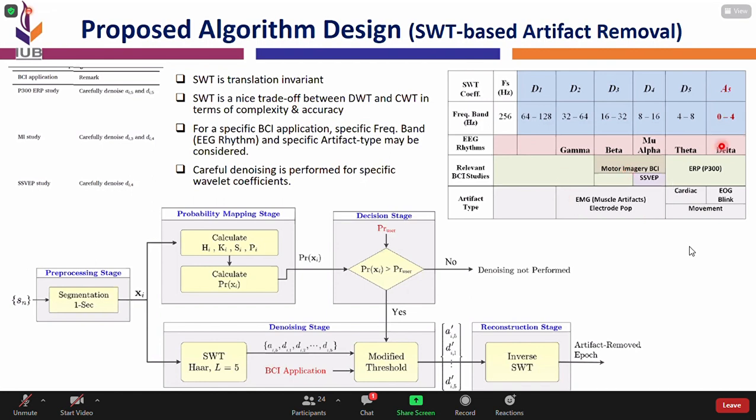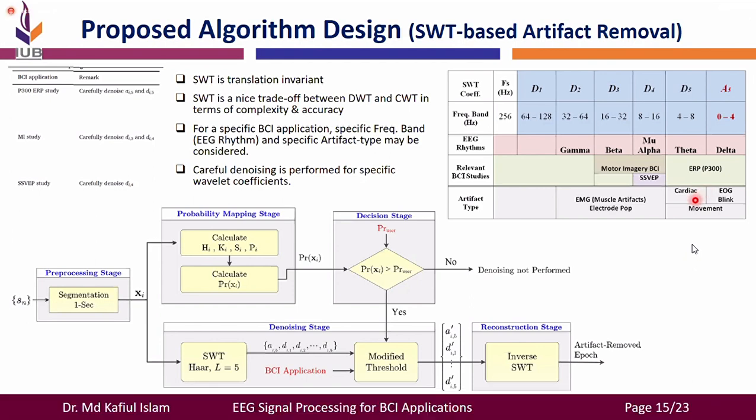For example, for the P300 event-related potential-based BCI study, we have found that P300 is relevant to theta and delta rhythm, which corresponds to the approximate coefficient level 5, A5, and detailed coefficient level 5, D5, of your wavelet coefficients. And we have found that mostly movement, cardiac, and blink artifacts affect this particular frequency band. And similarly for motor imagery based BCI.